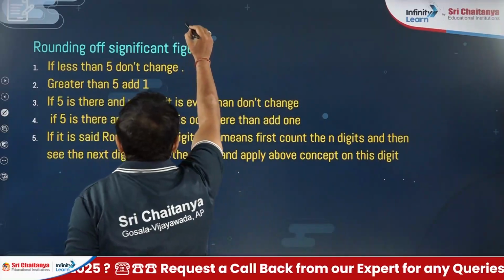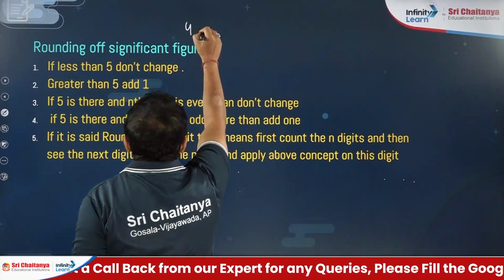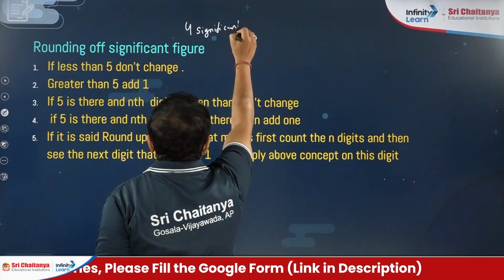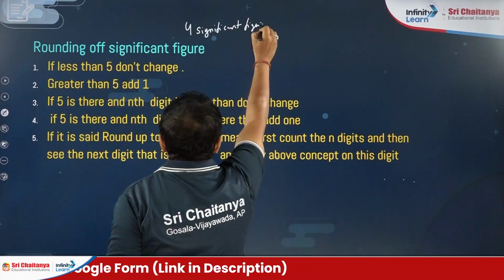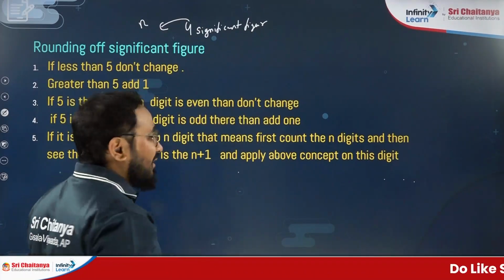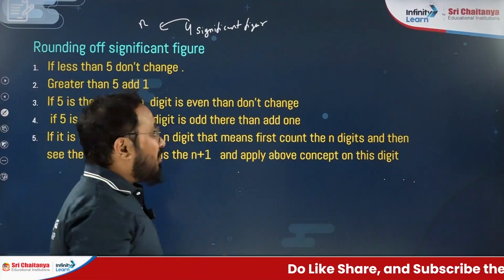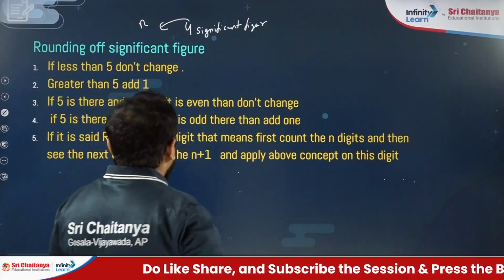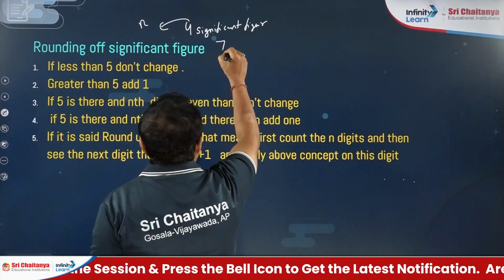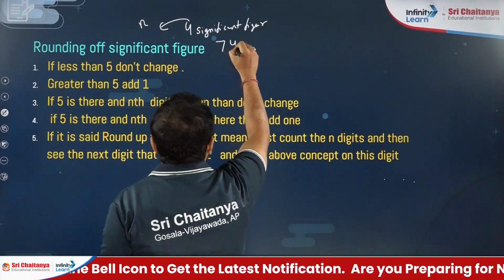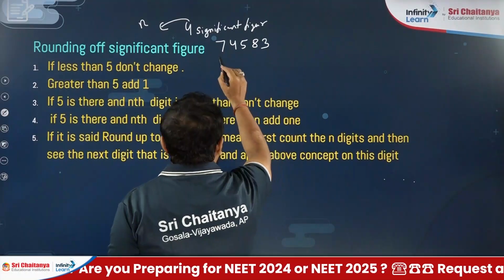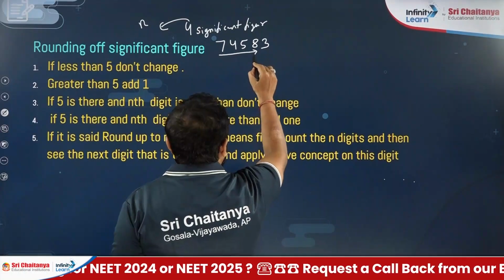If I say find the answer up to 4 significant figures, then 4 is your n. So you have to go up to n digits. For an example, if the number is 7, 4, 5, 8, 3, go up to 4, go up to here and check.